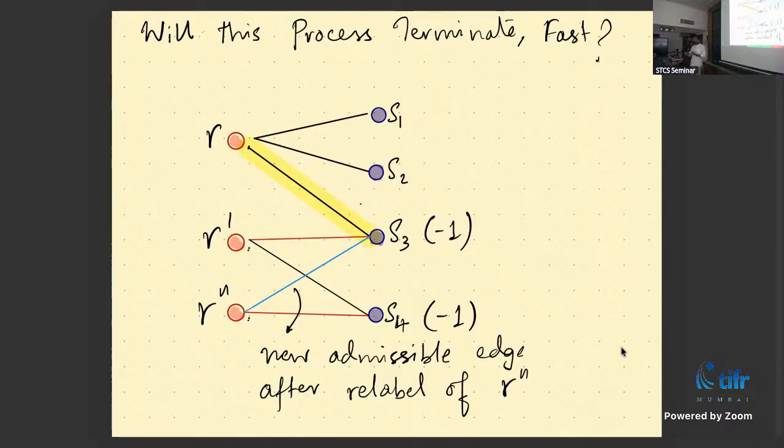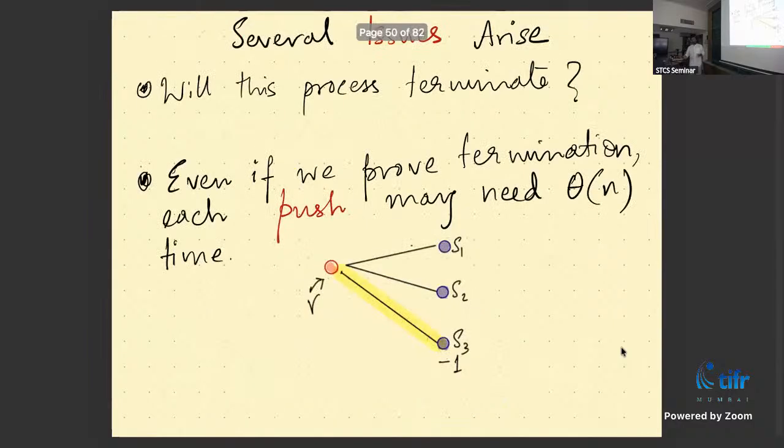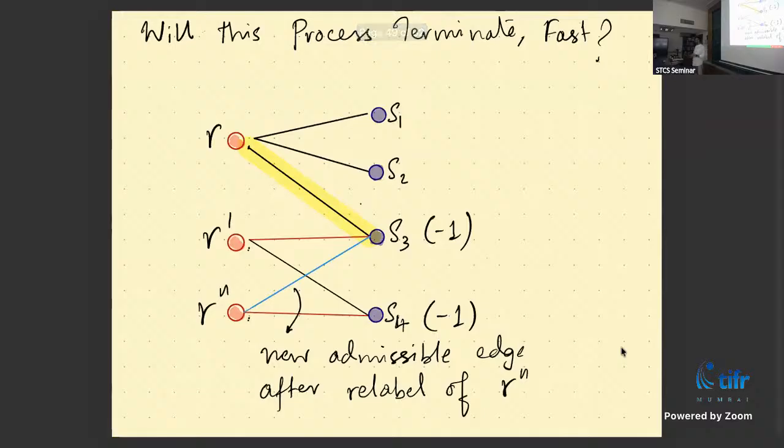So this kind of cyclic dependency can happen, in contrast to if you had gone for an augmenting path, where you will always end up finding a path. So if you just keep doing this greedy procedure, you might end up in cycles. So as such, it's not even clear whether this process will terminate, or even if it does, whether it terminates in reasonable time.